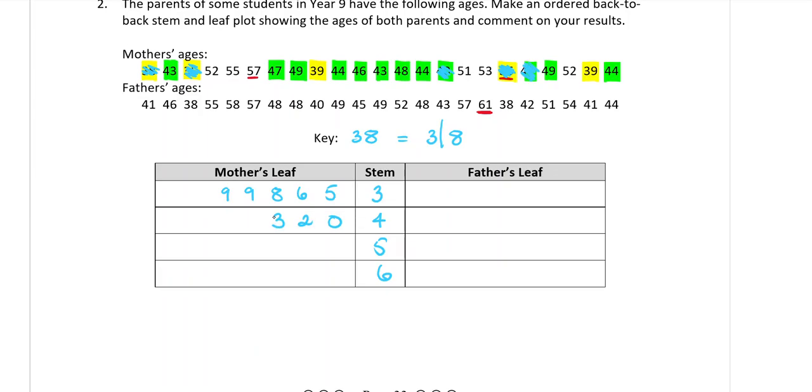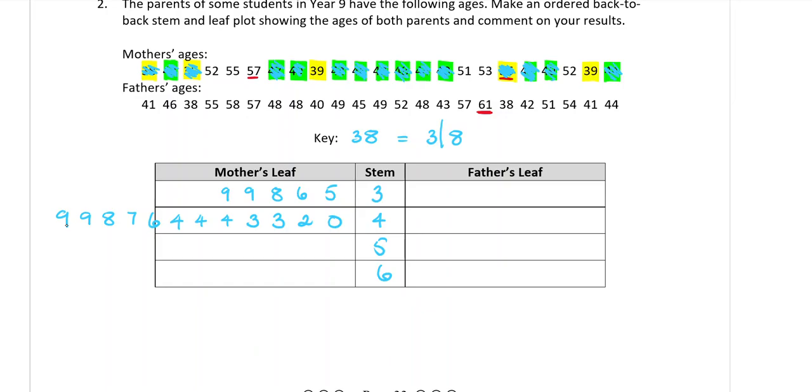Yes, there's 2 of those though. 43 and 43. And 4, 1, 2, 3 of them. All right, what else? 46. So 6. Then 47, 48, and 2 9s. So I had to go off the end of my chart a little bit.